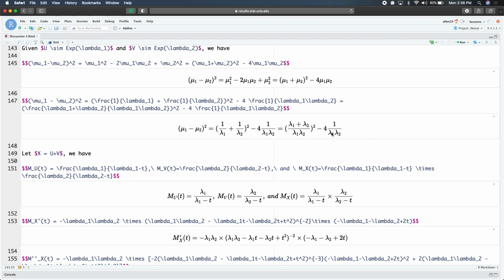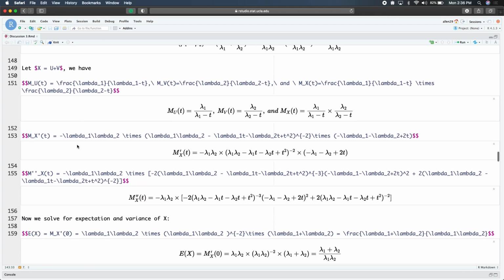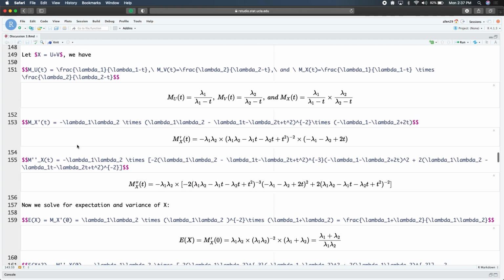So now I just write down the equation here, and then I will solve for the two components, the numerator and denominator. So again, x is equal to u plus v, because our observed data is still the lifetime of the two components, so it still has to be u plus v. For the exponential distribution, the moment generating function is lambda 1 over lambda 1 minus t, and lambda 2 over lambda 2 minus t, as what we did in homework 1.